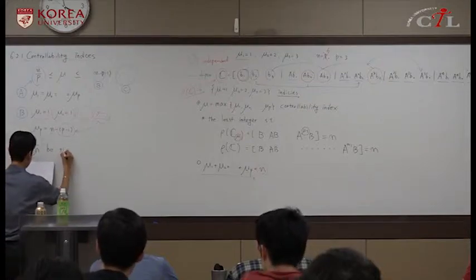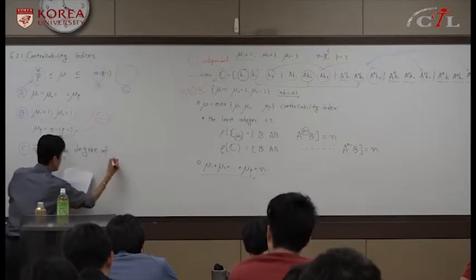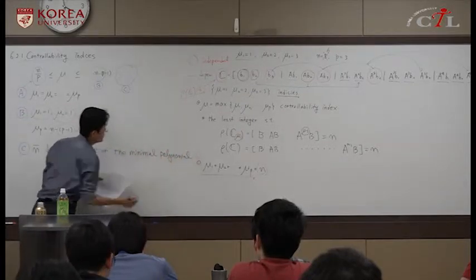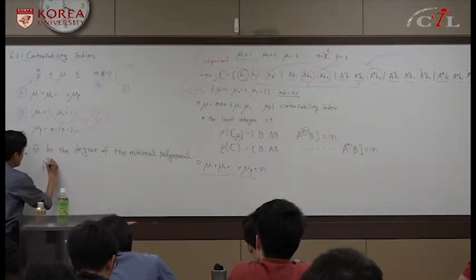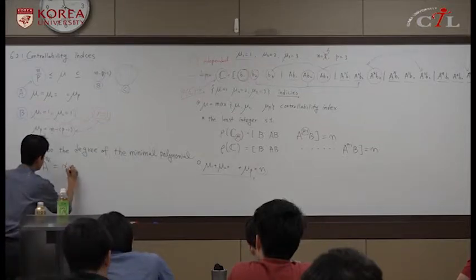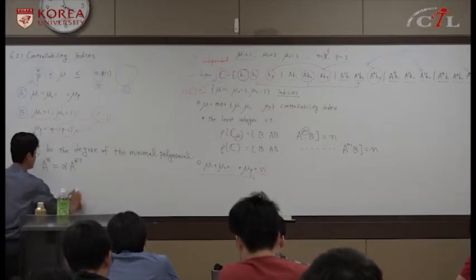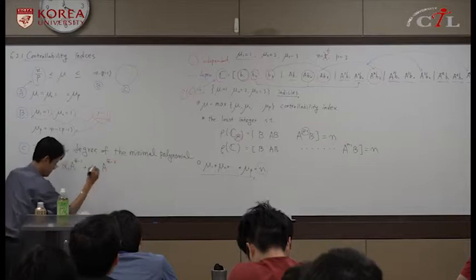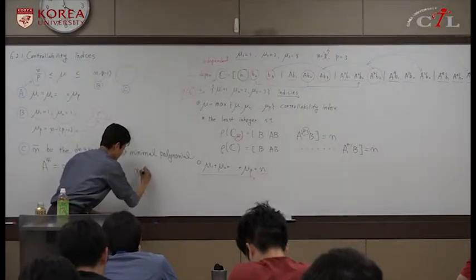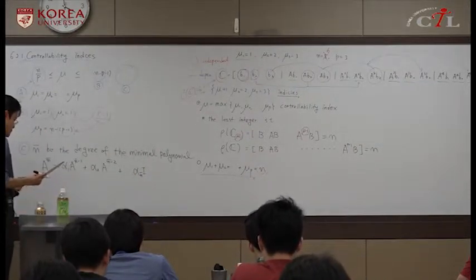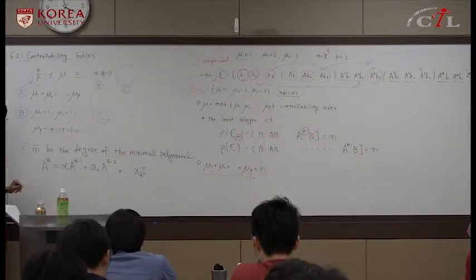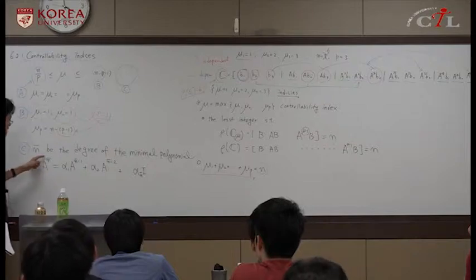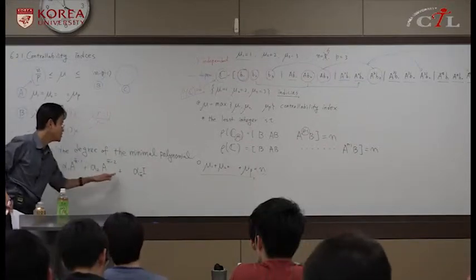If n bar is the degree of the minimum polynomial, which we covered in chapter 4, then A to the n bar can be written as a linear combination of lesser degrees.